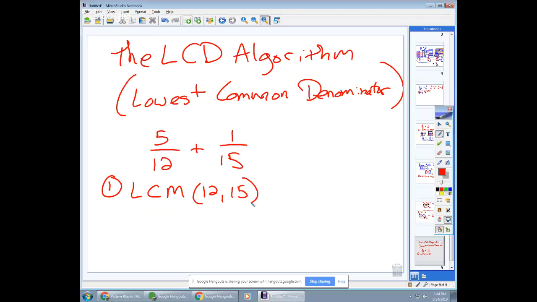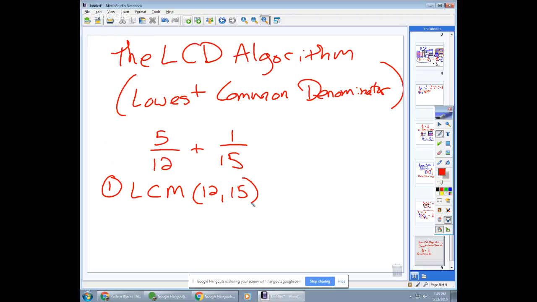Does 15 go into 24? 60. How did you come up with 60? Because I know that for 15 to go into it, it's either going to have to end in a 5 or a 0. And I thought through 12, and I know when you have multiples of 12, it can't end in a 5. So it's got to end in a 0. And 60 is the closest 0 that fits 12.